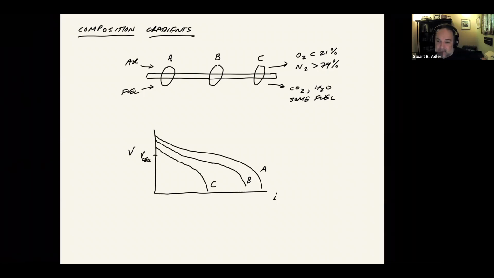if we do a good job of current collection, the entire cell is at that voltage. You can't have voltage variations across the cell if you're doing current collection correctly, because you basically have electronic conductive material. The electrode at the minimum is electrically conductive. The current collector, the interconnect that sits on top of it, is very electrically conductive.